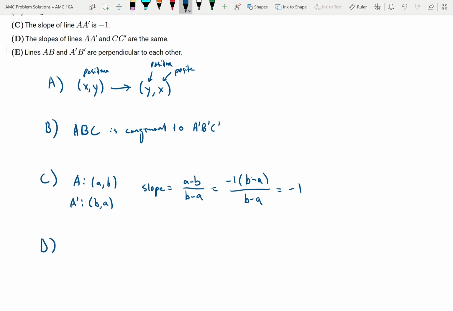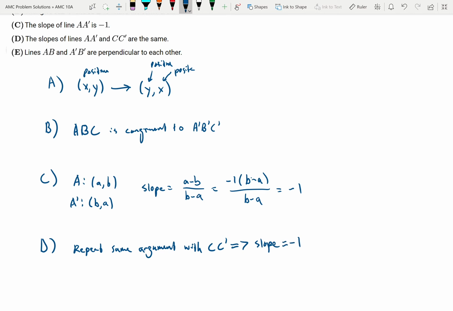For D, the slopes of lines AA prime and CC prime are the same. Well, if I repeat the same argument with C prime, I find that its slope is equal to -1.